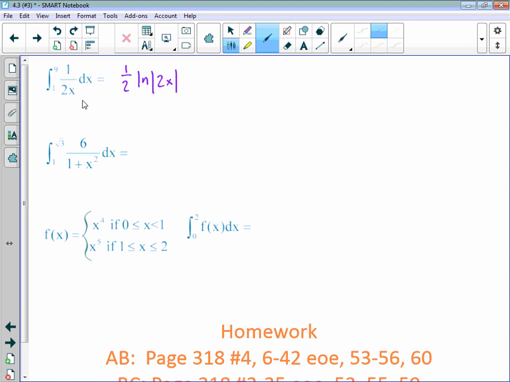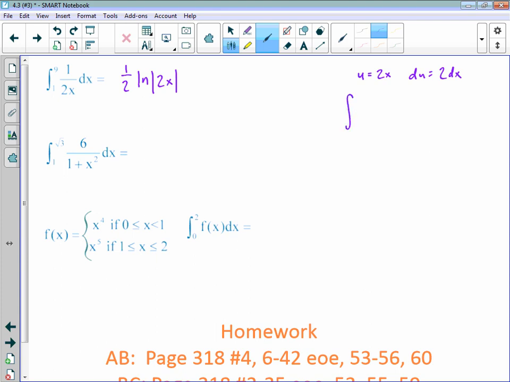Yeah, it's kind of like a u substitution is really what it is. But when it's linear, there's such quick u substitutions, and we use them all the time, that doing a u substitution every single time wastes a lot of time. But your u here would be 2x, and the derivative of your u would be 2 dx.